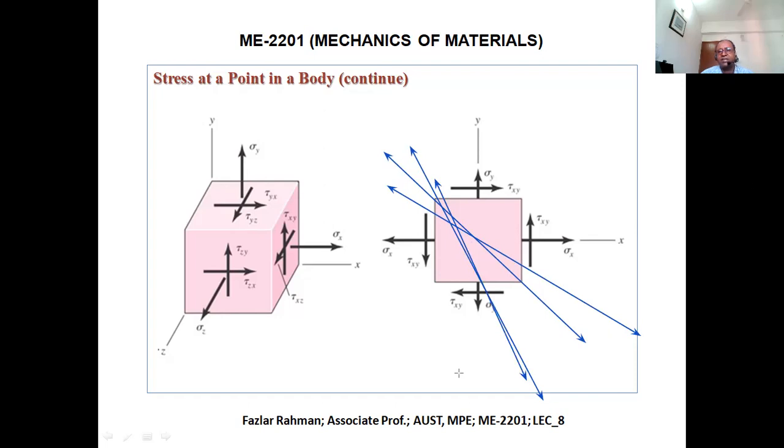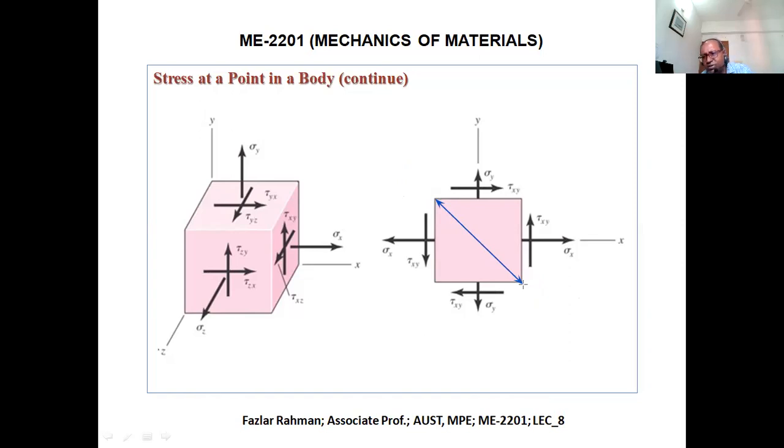But I am just thinking now that if it breaks down along this direction, becoming two parts, then how much force will work on this free body? That means I slice it, then I take the upper half. This is my upper half.